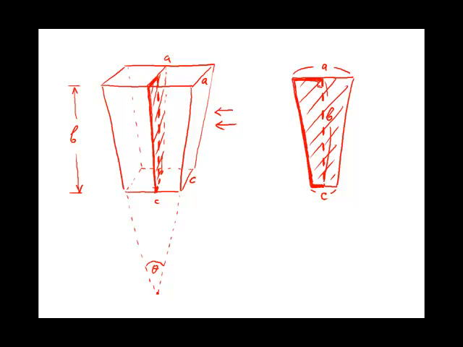This is 90 degrees. Let me continue. This line goes down to the corner, where it will meet with this line. On my 2D plot, I will see this.